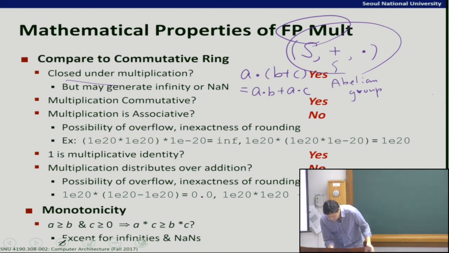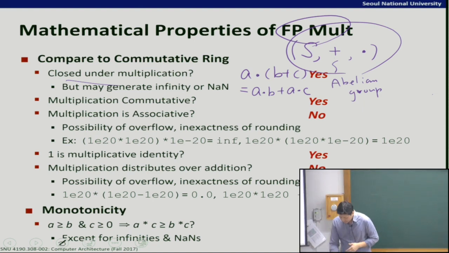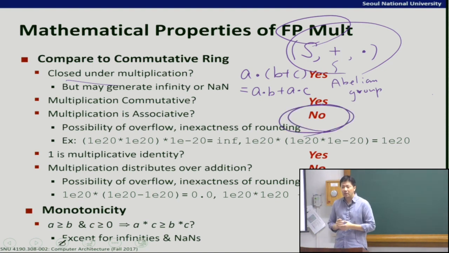Is multiplication commutative? The answer is yes. And is multiplication associative? It's almost the same example. The reason it is not associative is that we may lose some of the value depending on the order of computation, so these two expressions may result in different values. So this one is a counterexample, and the answer is no. You have to pay attention that both addition and multiplication are not associative.